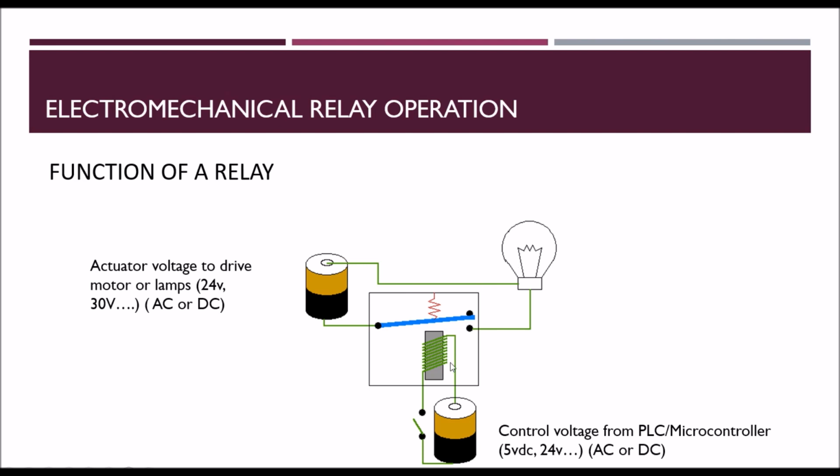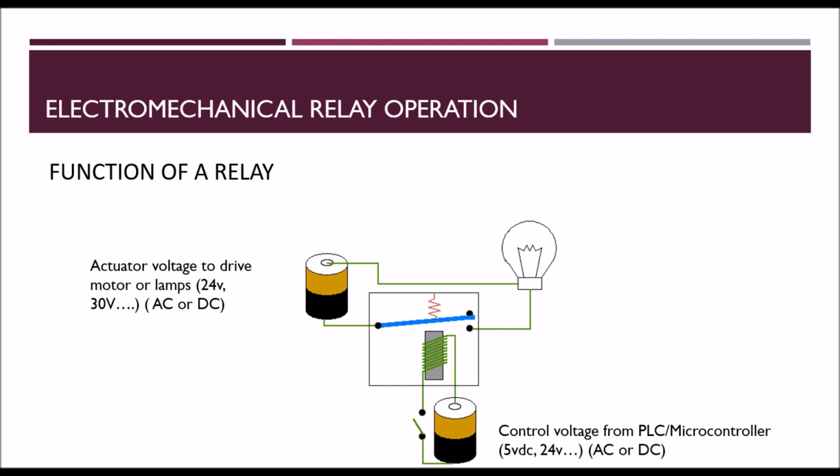In that case, the relay acts like an interface between the controller and the actuator, so that the voltage problem will be solved. Some actuators like a very high power motor we cannot drive directly from a PLC or microcontroller. In that case, this relay is going to help us, where it is going to switch on the high power circuit or switch it off. So that is the application.